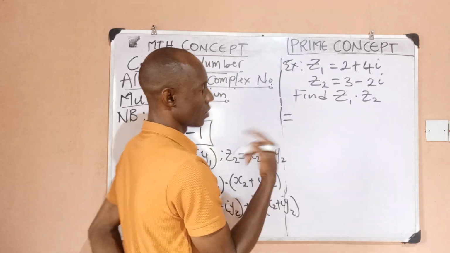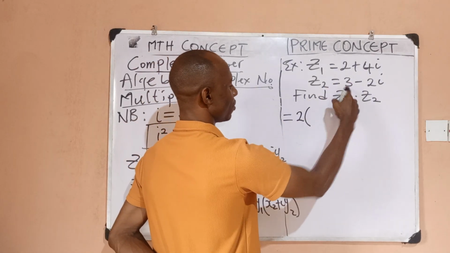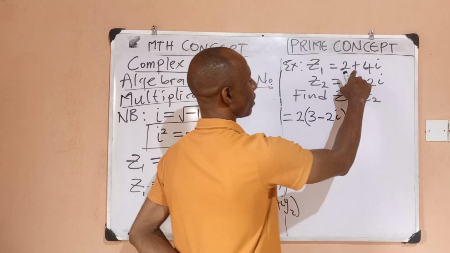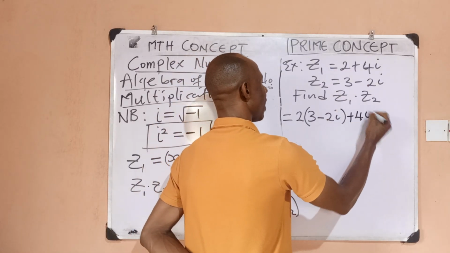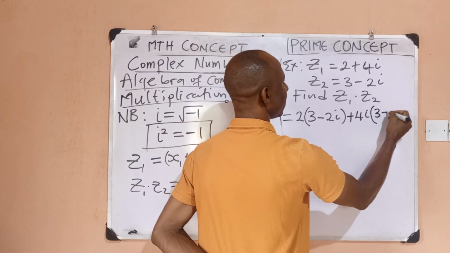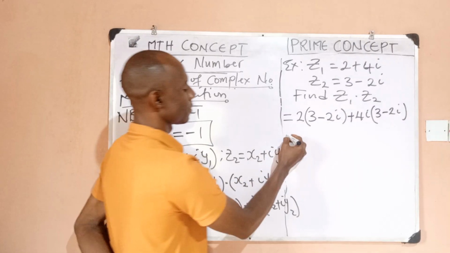So follow what I'm doing so that you really get it. I'll say 2 distributing over 3 minus 2i. Then same way I would say plus 4i would distribute over the same thing, 3 minus 2i. This is just what the multiplication would mean.